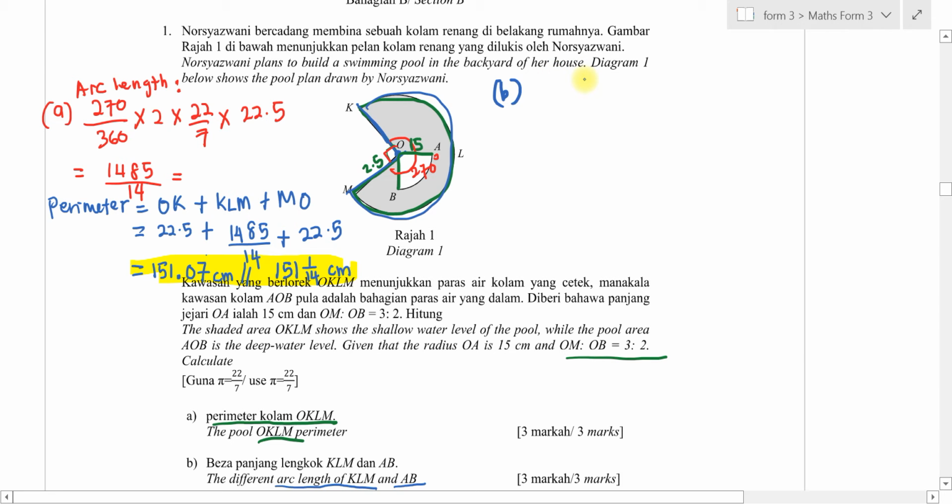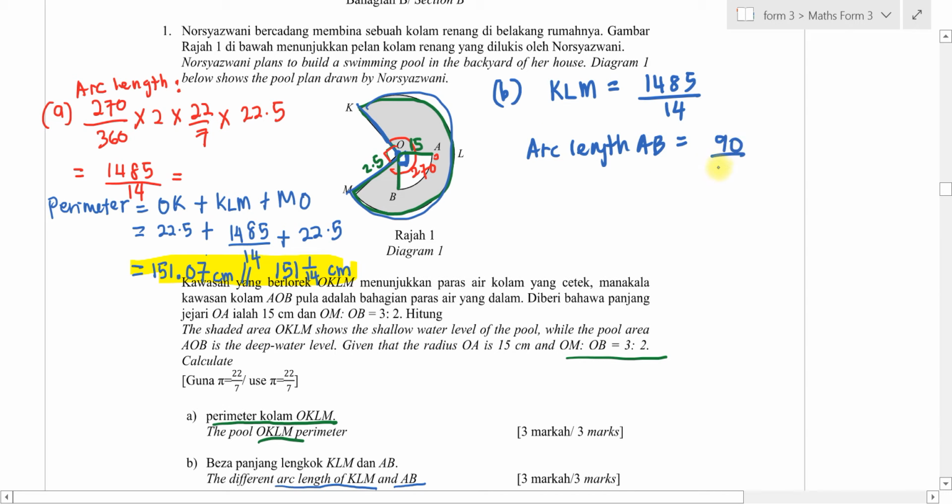Find the difference of arc length KLM and AB. Okay. KLM kita tahu dia punya length dia adalah 1485 over 14. Sekarang we need to find the length of arc AB. Okay, arc length AB. So this is a quadrant, so 90 degree.